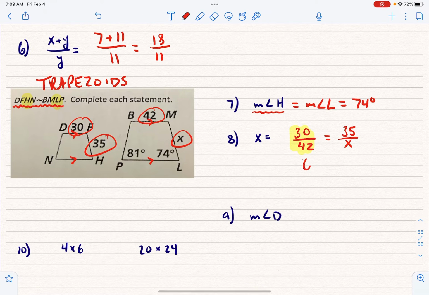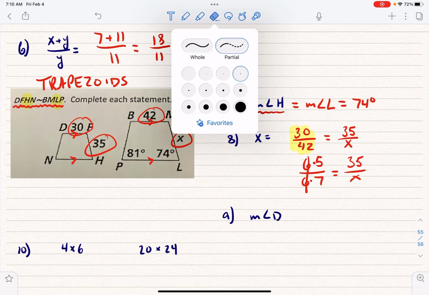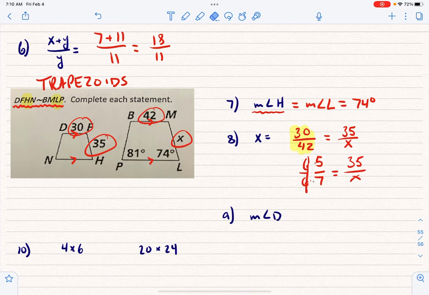So this thing could reduce to 6 times 5 over 6 times 7 equals 35 over x. And the 6's would cancel out. So 30 over 42 is actually the exact same fraction as 5/7. And why that's important is because then all of a sudden I'm dealing with a little bit easier numbers. And I look at that and go, man, that's just a lot easier to deal with.